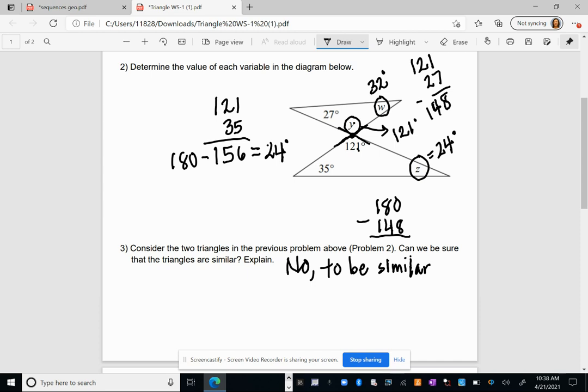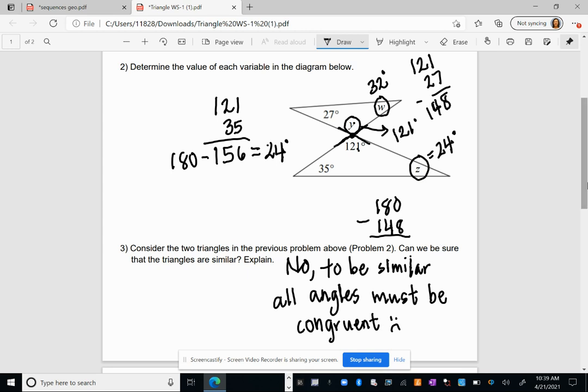But I'm going to put in my explanation, no, to be similar, all angles must be congruent, and these are not. If they had given me two, that would have been enough. I wouldn't have needed to confirm the third one. Okay, so no, they're not similar.